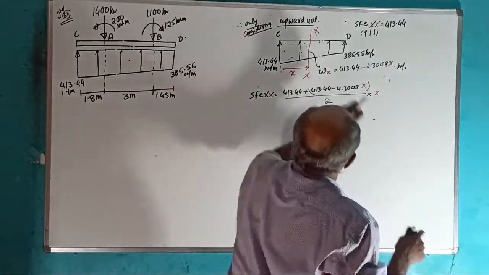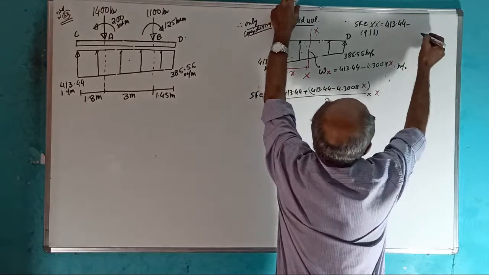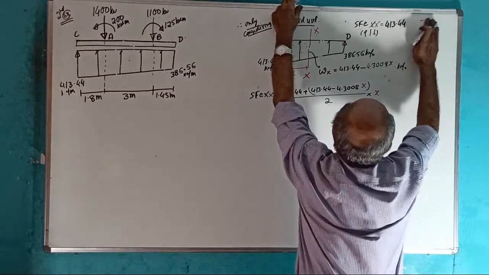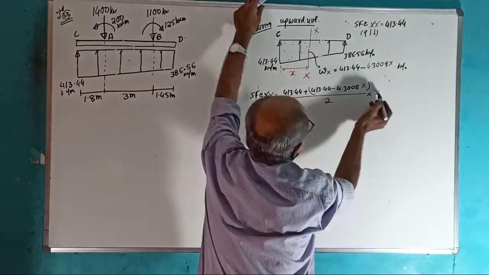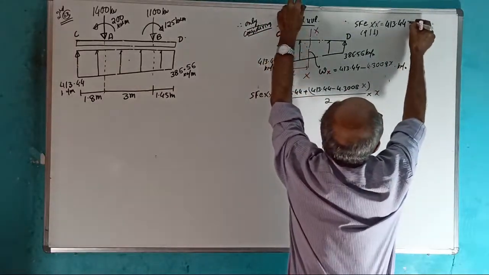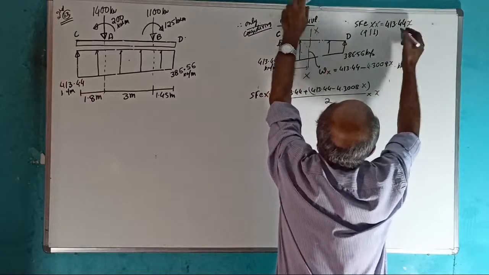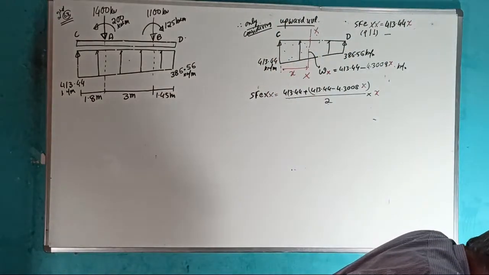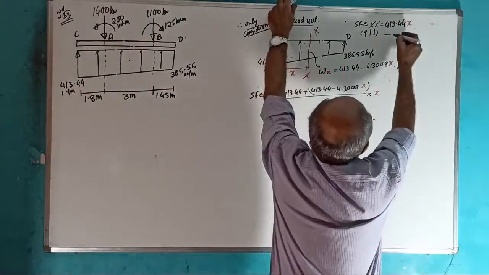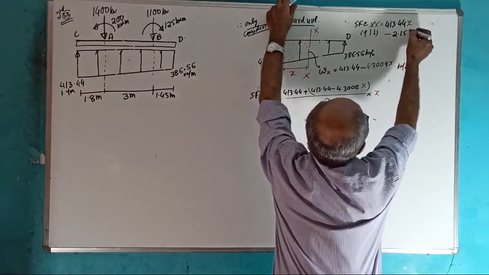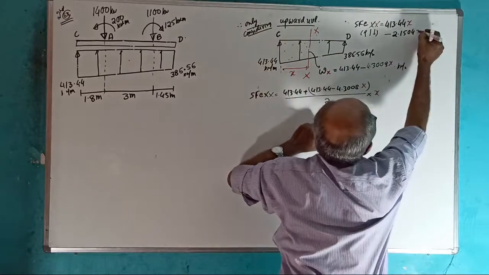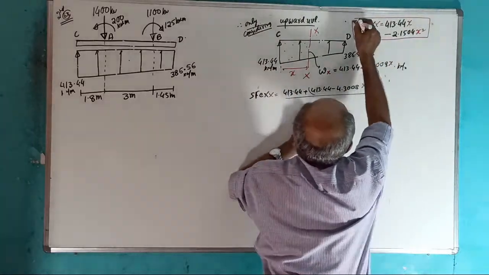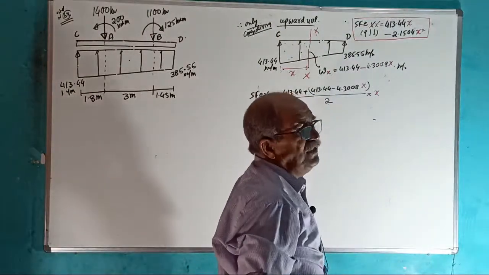Correct? It will give you 413.44 into x minus 2.1504 times x square. This is all I told last time. This will tell you shear force variation is parabolic.